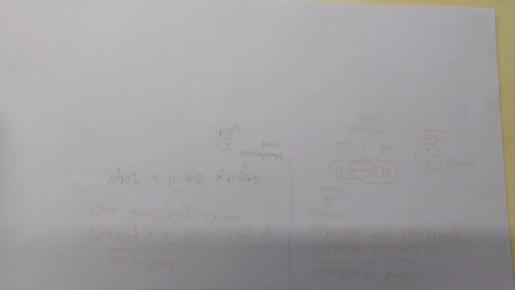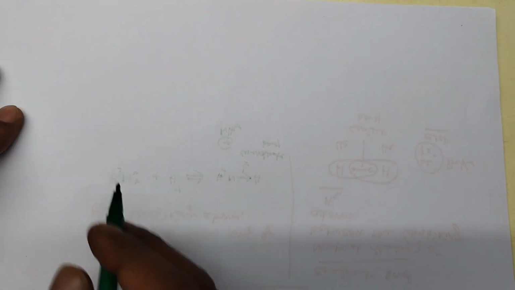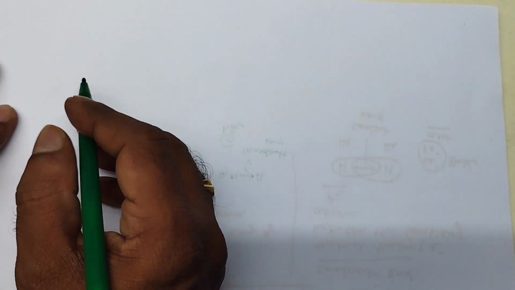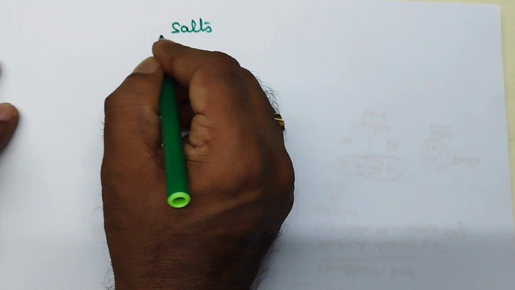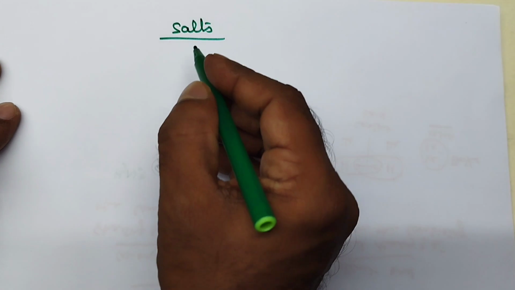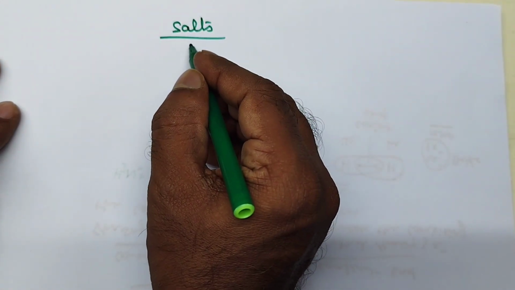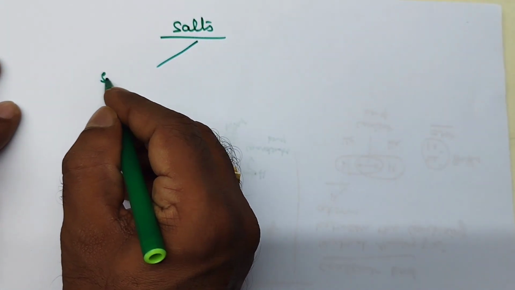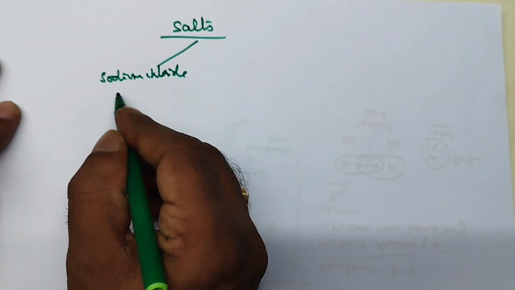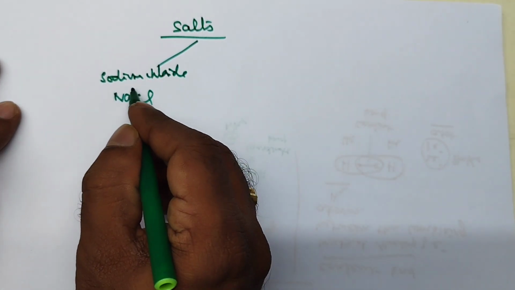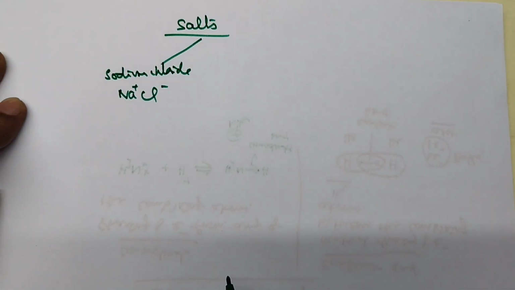To know more about coordination compounds, first we have to know certain basic things, like salts. Sodium chloride is a well-known example: NaCl, Na plus Cl minus.